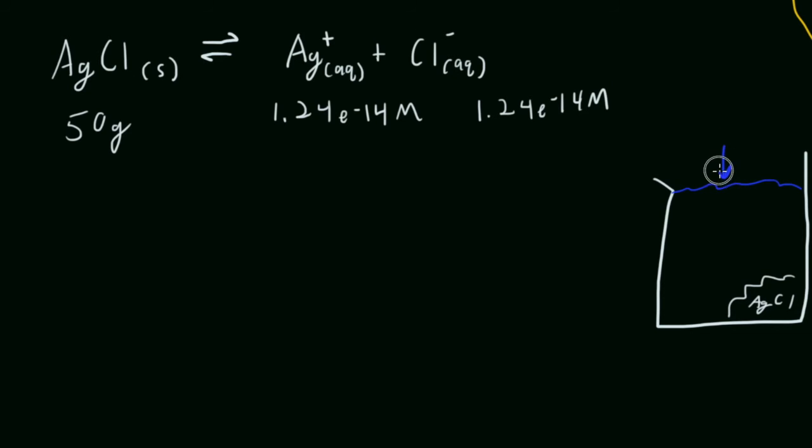And this water, this H2O, is only going to be able to carry so much silver and so much chlorine. Did I say sodium? That's silver. We've got some silver, we've got some chlorine. And these are able to dissolve and float around in the solution, but only so many of them. There's only so much that can do it.